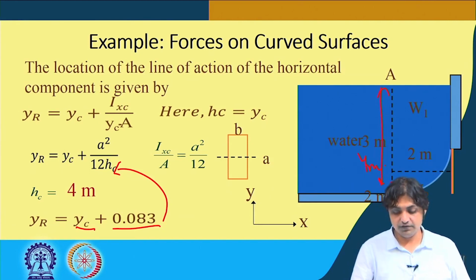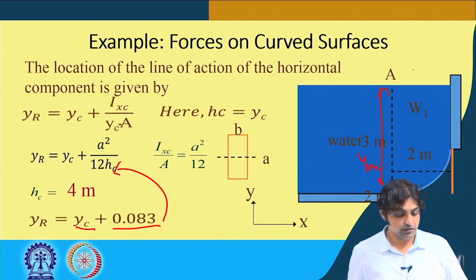As I told, the vertical force is the weight of the liquid above the curved surface until the free surface, and the horizontal force will be the pressure at the centroid into the projected area.